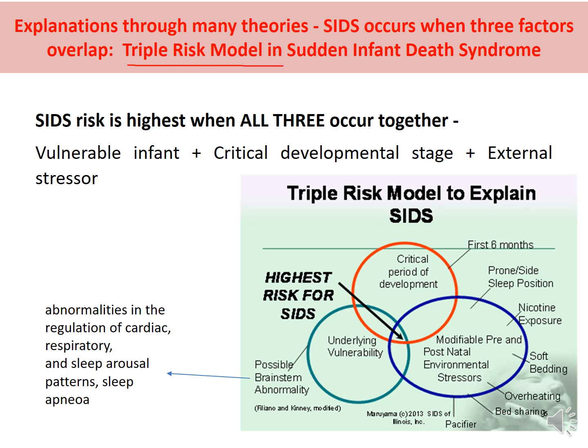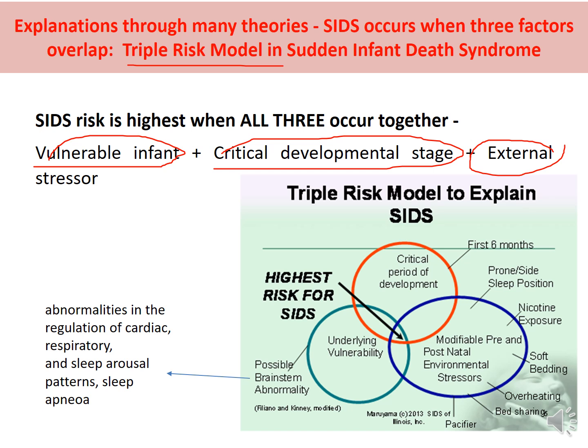Here they have categorized certain risk factors into sets in a Venn diagram: vulnerable infant, critical development stage, and external stresses. In the Venn diagram, there is a common, overlapping place where you get SIDS death. In the first circle you can see the critical period of development, that means the first 6 months.